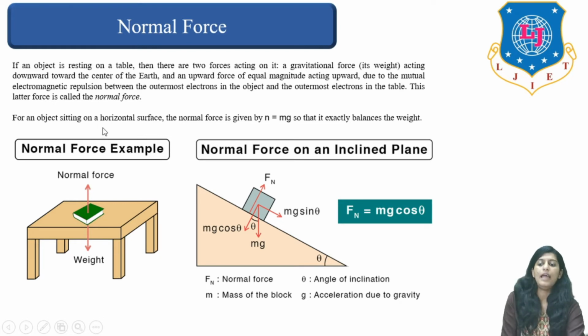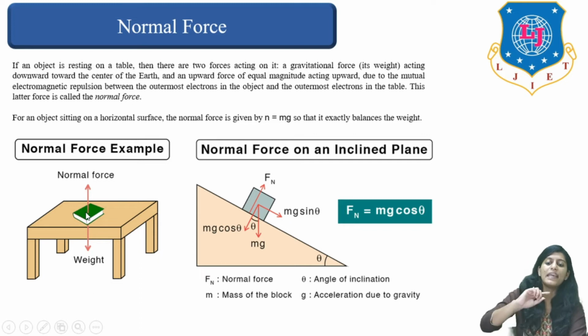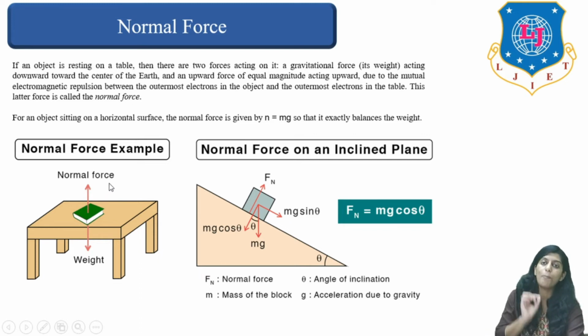Clear? And the other force will be acting upward, with equal magnitude, right? So these are equal and opposite forces acting in both directions. Gravitational force will act downward, whereas normal force will act upward, right?